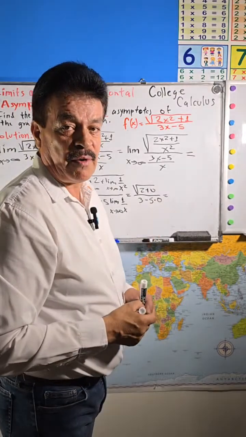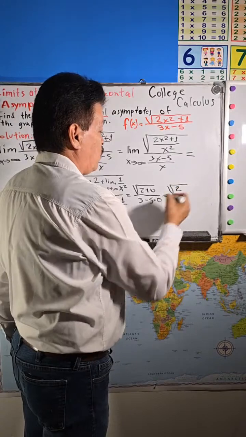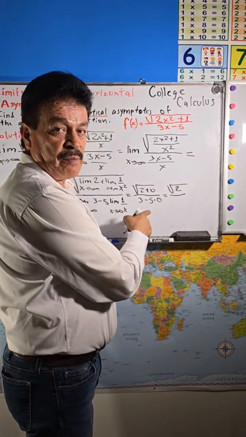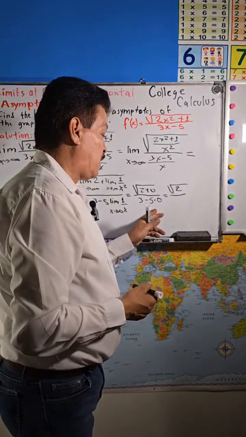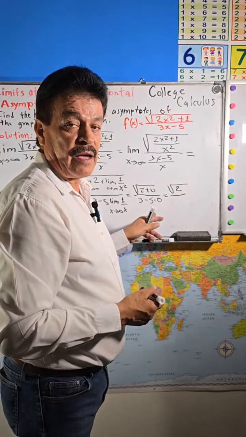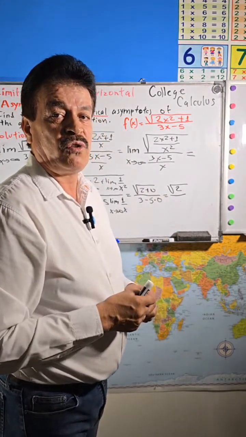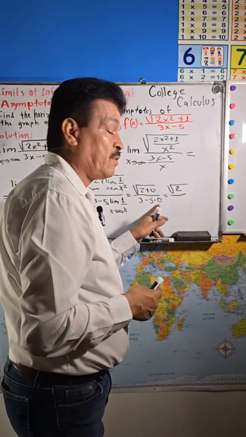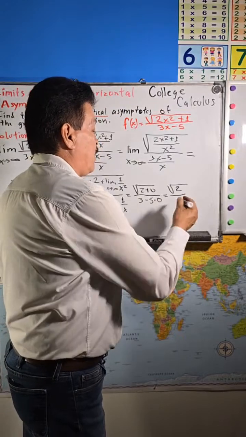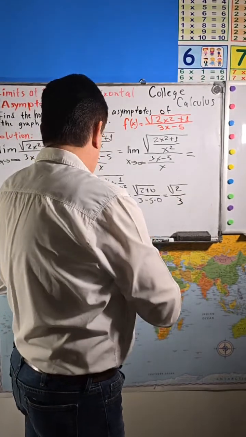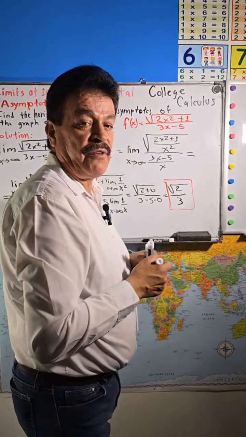On top, of course, is the square root of 2. On the bottom, remember the rule: you start from left to right and solve division and multiplication first. Here we have multiplication, so 5 times 0 is 0, and the answer is 3. This is our answer at first moment, but we have not finished yet.